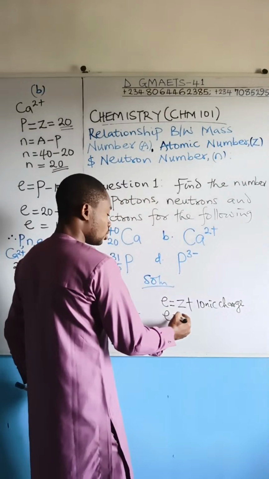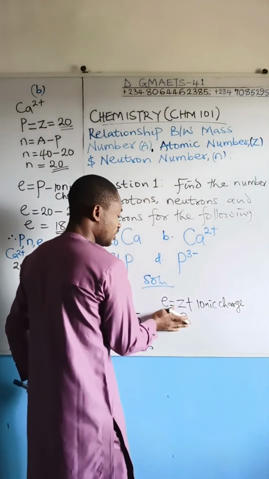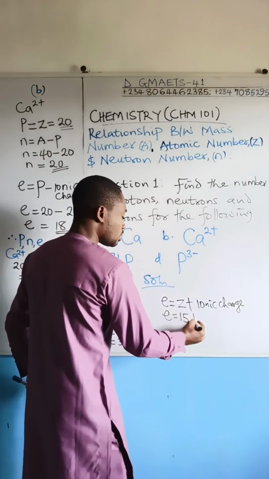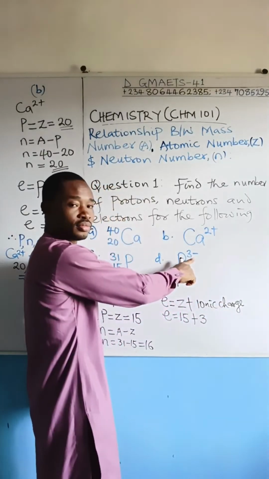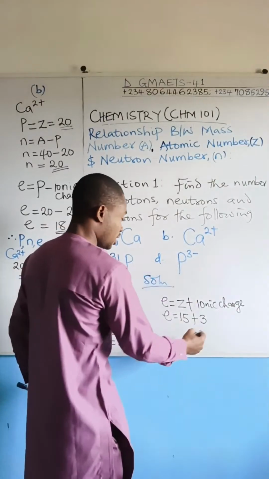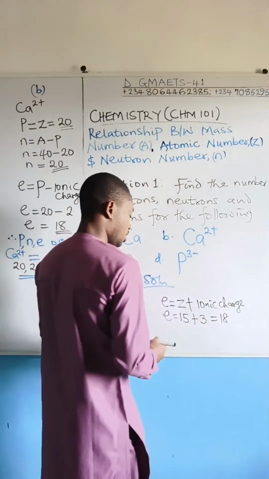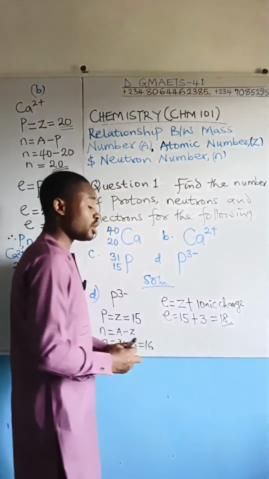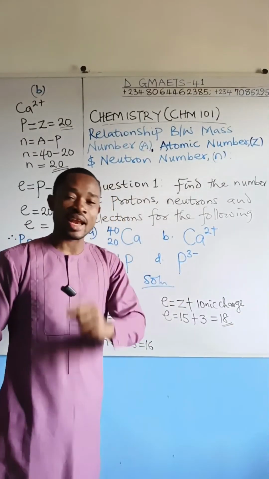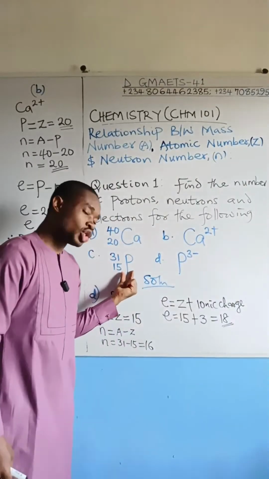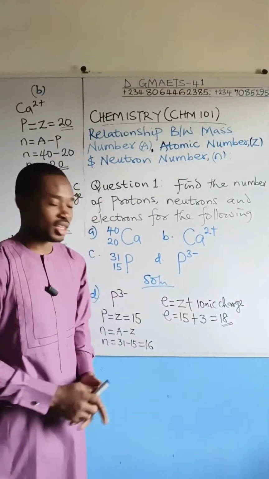So the number of electrons will now be atomic number, which is 15, plus ionic charge. And ionic charge is 3. If you do this, you get 18.